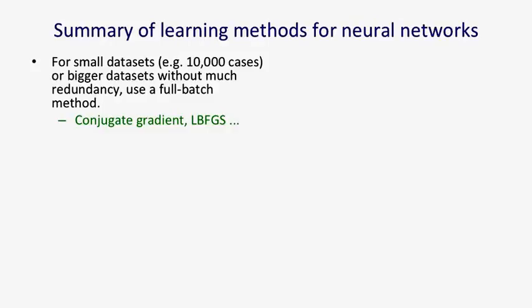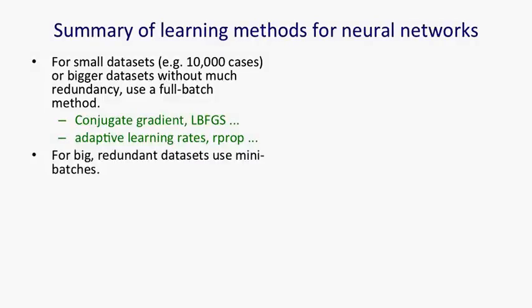One advantage of using those methods is they typically come with a package, and when you report the results in your paper, you just have to say, I used this package and here's what it did. You don't have to justify all sorts of little decisions. Alternatively, you could use the adaptive learning rates I described in another video, or Rprop, which are both essentially full batch methods, but were developed for neural networks.